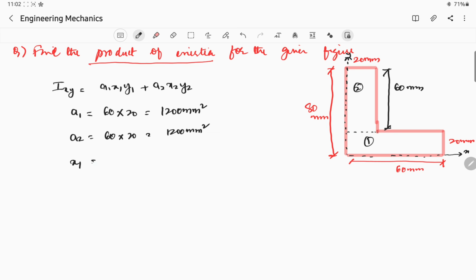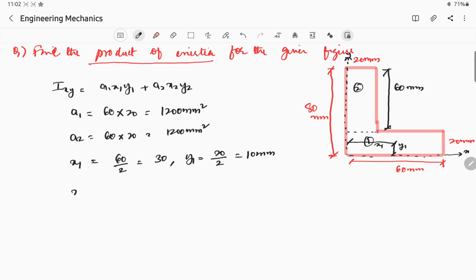What about x1? x1 is this distance from here to here, and this one will be our y1. So x1 is equal to, total horizontal distance is 60 by 2, which is equal to 30, and y1 is equal to 20 by 2, which is equal to 10 mm.